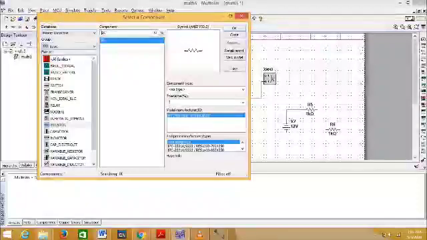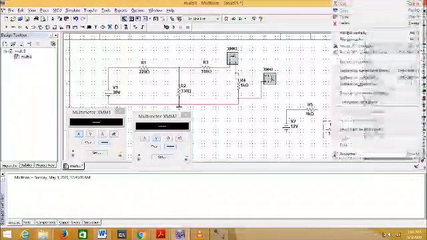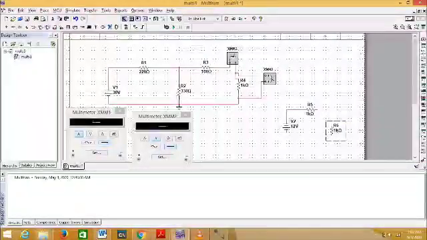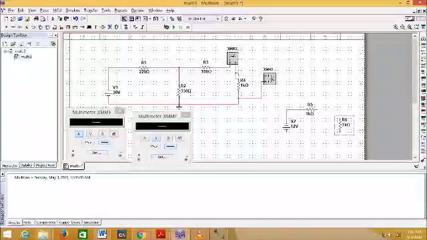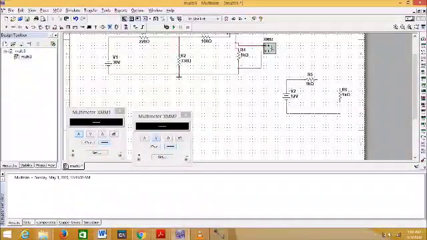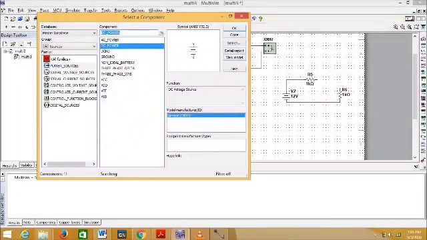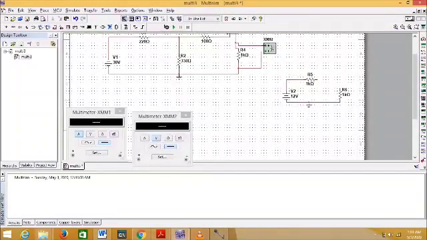Close, rotate this to your convenience. So place, do not forget to place ground. Okay, ground should be placed here.